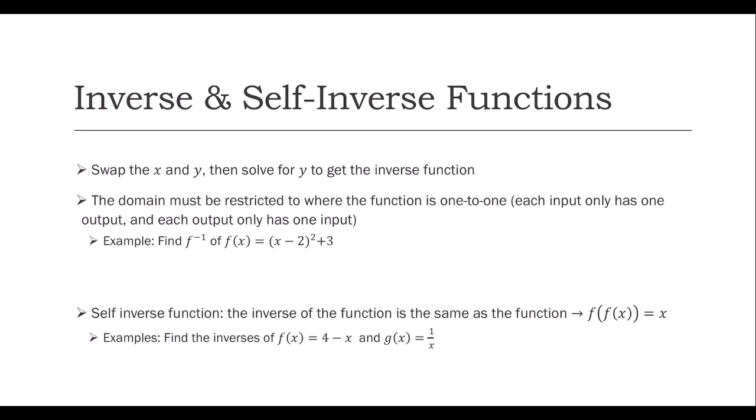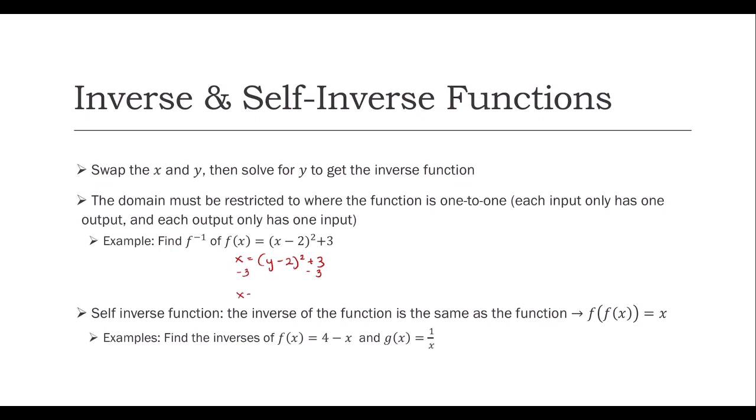So for this example, it says find f inverse of x, where f of x equals x minus 2 squared plus 3. So we'll start by swapping our x and y. So we'll have x equals y minus 2 squared plus 3. We'll subtract 3 from both sides.